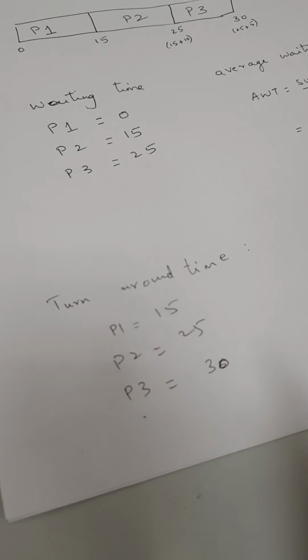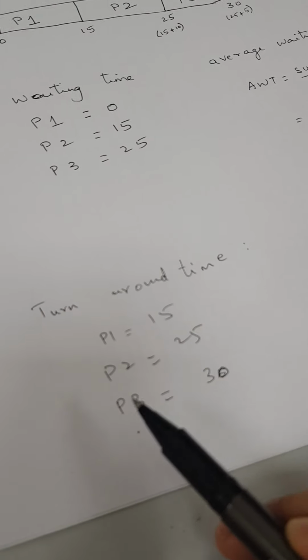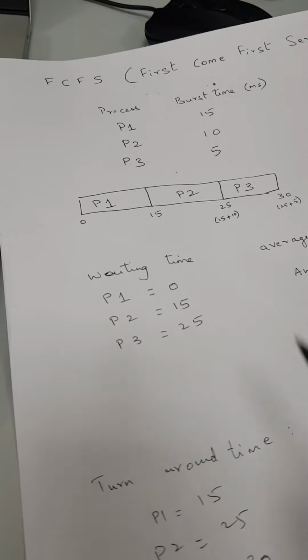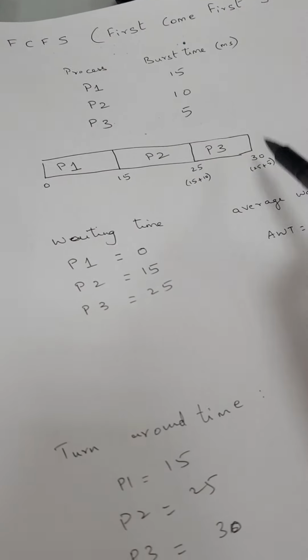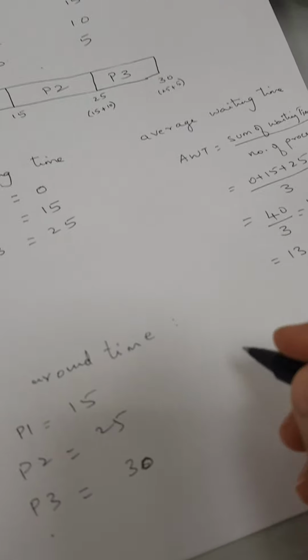So see here, turnaround time for P1 is 15, P2 is 25, and P3 is 30.